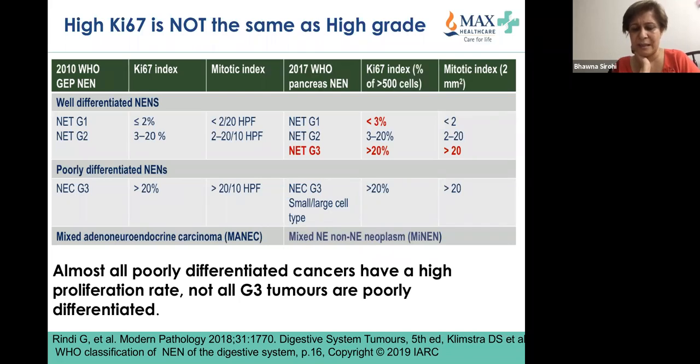I'm not going to discuss the bottom one, which we used to call mixed adenoneuroendocrine carcinoma. It is now relabeled as mixed neuroendocrine, non-neuroendocrine neoplasm, where you have the neuroendocrine element and a non-neuroendocrine element. What do we mean by non-neuroendocrine? We mean adenocarcinoma or acinar carcinoma or ductal carcinoma or squamous cell carcinoma.